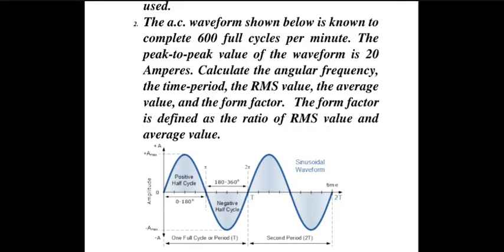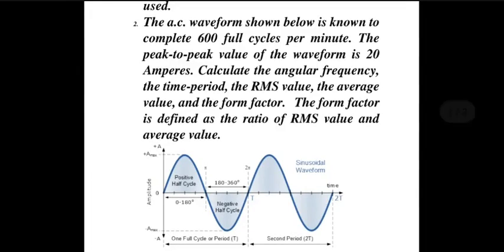The peak to peak value is 20 amperes. Okay, so it's current. Calculate the angular frequency, the time period, the RMS value, the average value, and the form factor. The form factor is defined as the ratio of RMS value and average value. Let's see one by one.